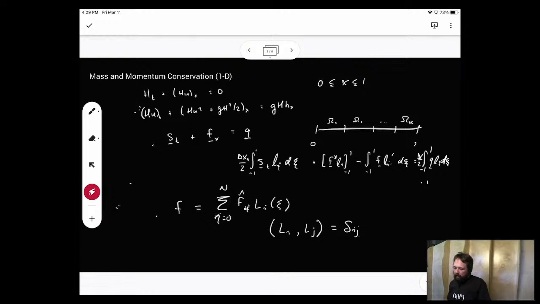So the way around this is to choose an interpolant. We basically want to set a different expansion, i equals 0 to n, where we use Lagrange interpolating polynomials because they give us the ability to work with nodal values at specific points.